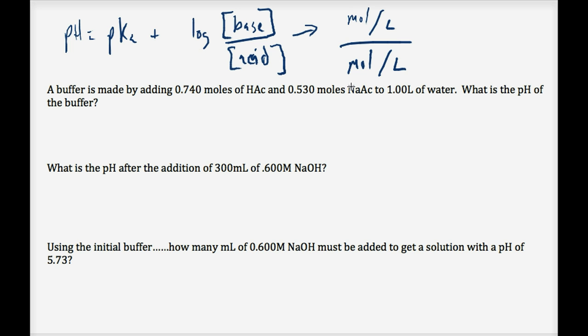Moles of base over liters of total solution, moles of acid over liters of total solution. The moles are different in most cases. The liters, though, are the same, because it's the same liquid. Okay, so the liters will always be the same, so they get crossed out.